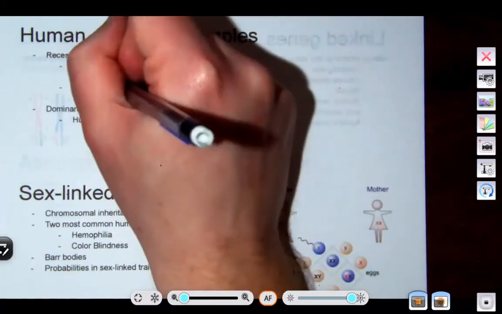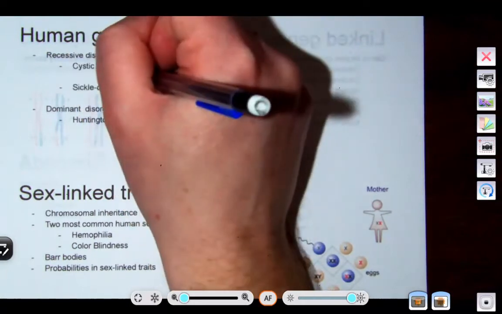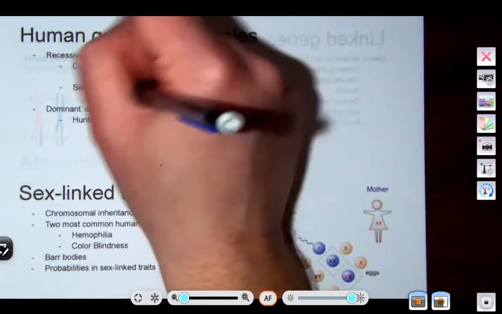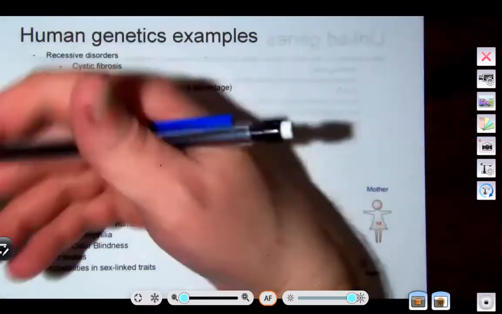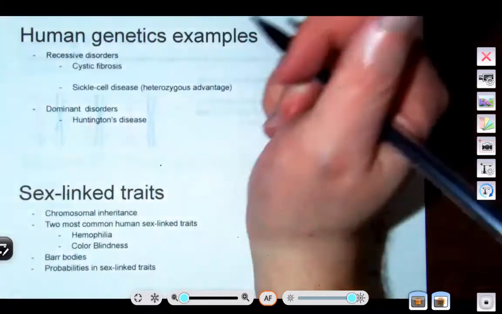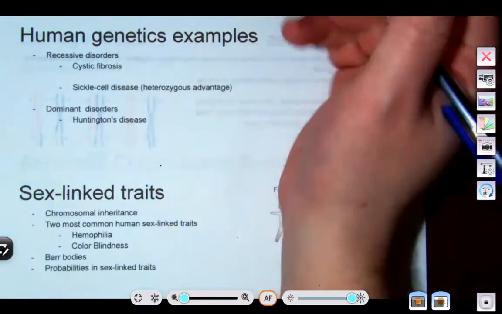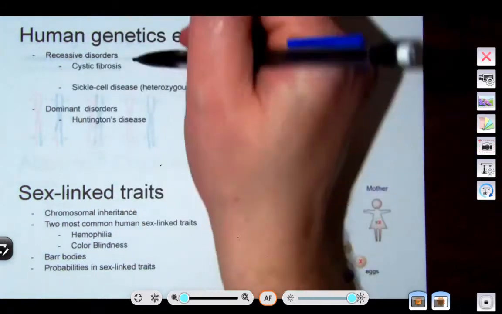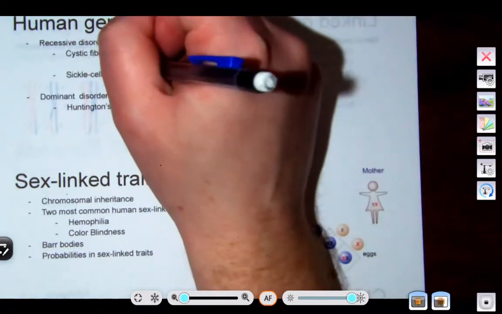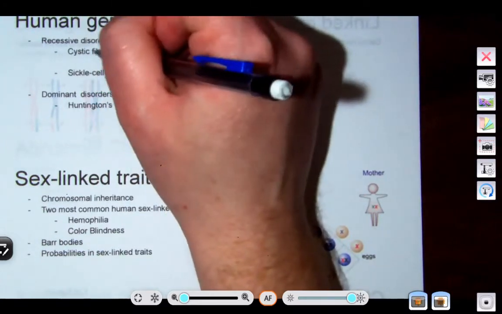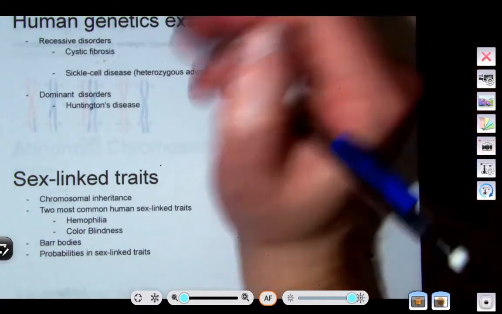People with cystic fibrosis have a bad pump in their cell membranes for making mucus. And so their mucus isn't made correctly and it ends up being extra thick and sticky. These people generally have a really hard time breathing. There are other things that it causes as well. But the big one is understanding that it actually affects how cells create ion channels and things like that, which is pretty interesting.